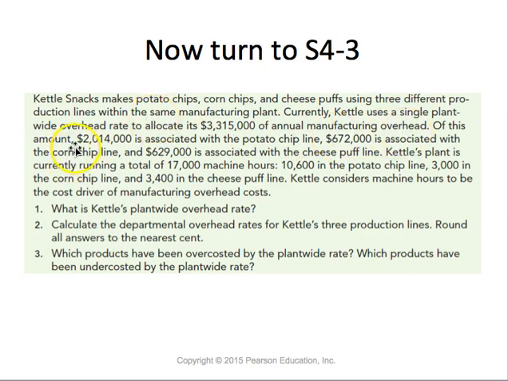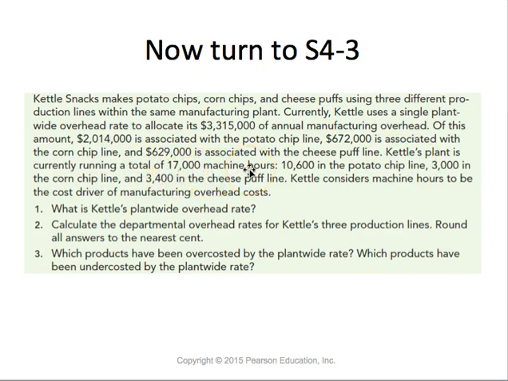Of this amount, $2,014,000 is associated with the potato chips line, $672,000 with the corn chip line, and $629,000 with the cheese puff line. The company's plant is currently running a total of 17,000 machine hours.